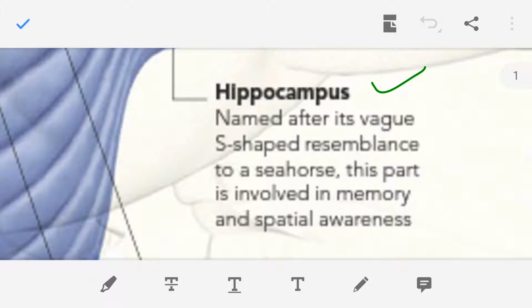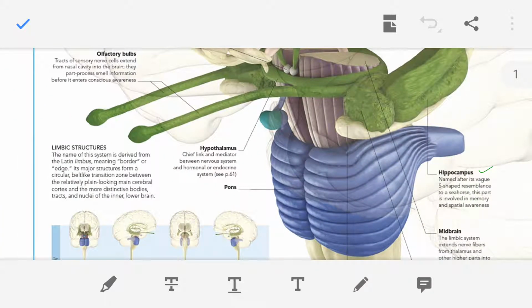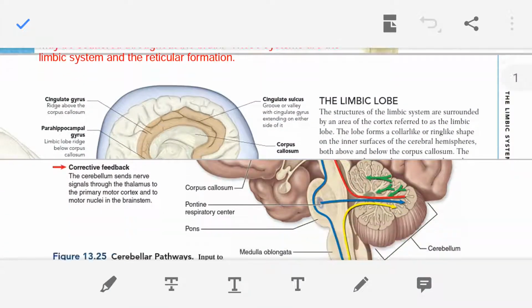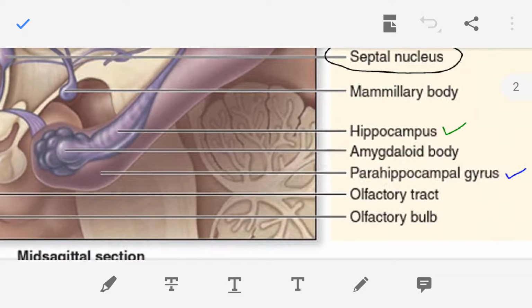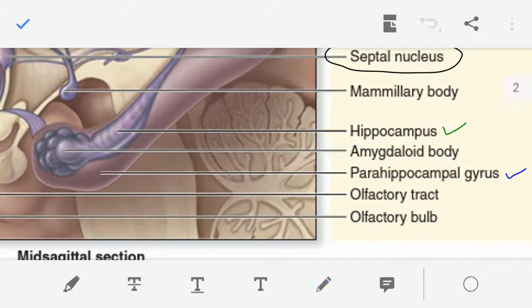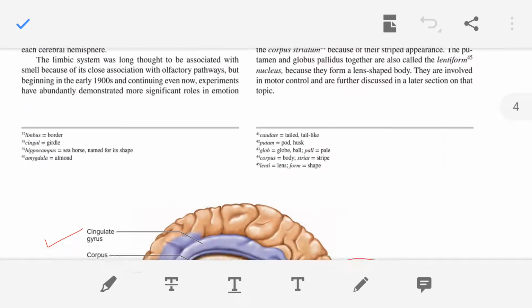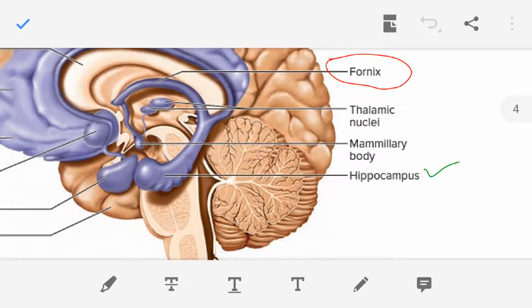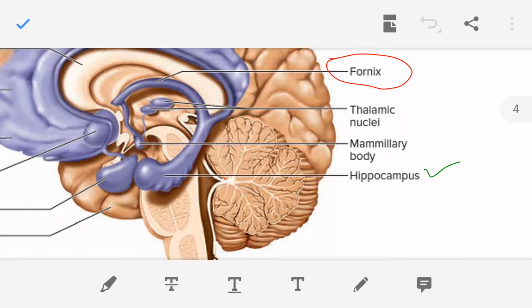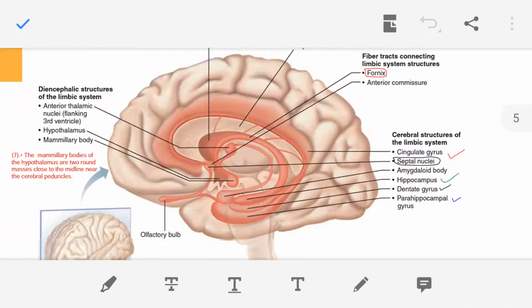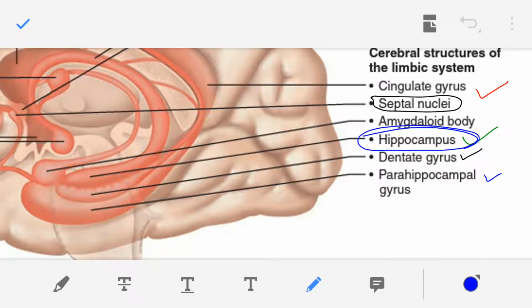This part is involved in memory and spatial awareness. You see, it looks like the seahorse.